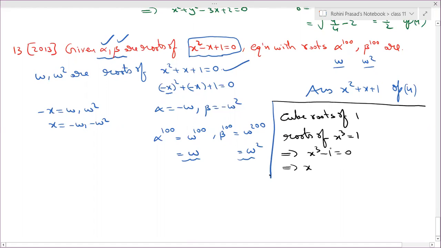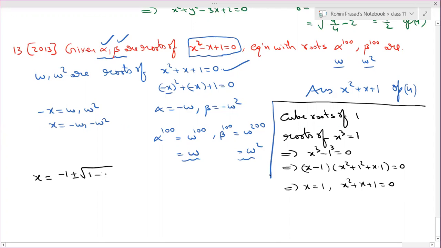That implies, using a cube minus b cube formula, x minus 1 into x square plus 1 square plus x into 1 equal to 0. That implies x equal to 1 and x square plus x plus 1 equal to 0. So to solve this equation, x square plus x plus 1 equal to 0, use the quadratic formula, x is equal to minus 1 plus minus root of b square minus 4ac, 4 into 1 into 1, by 2a.